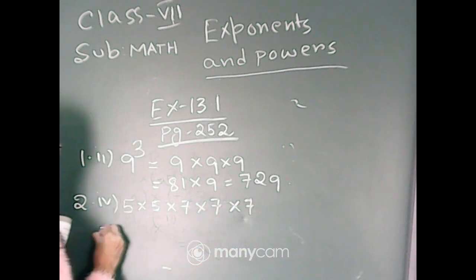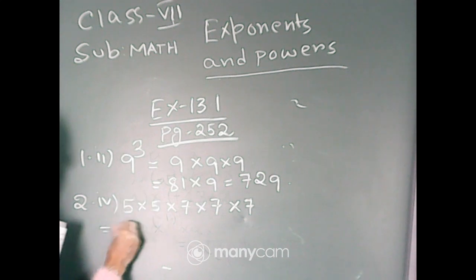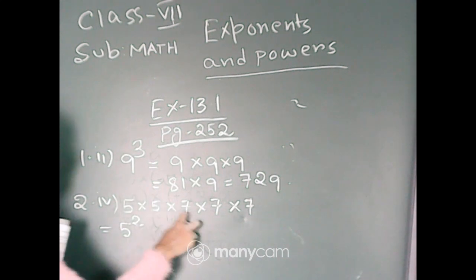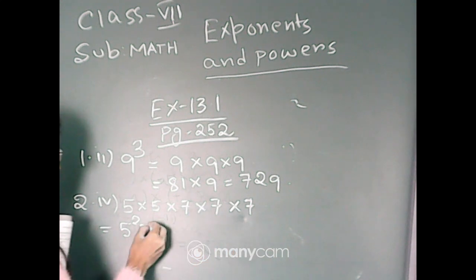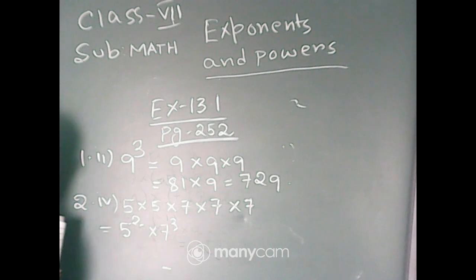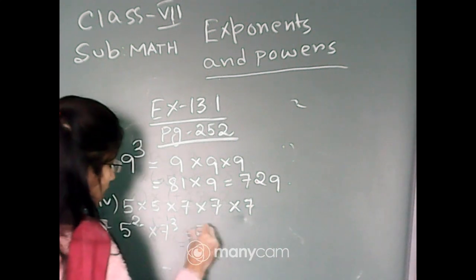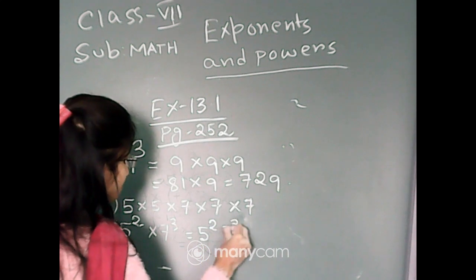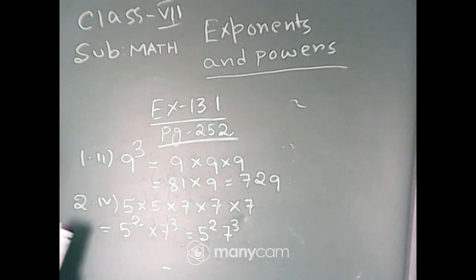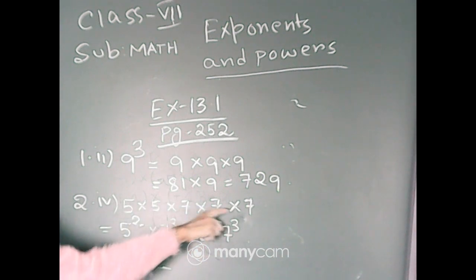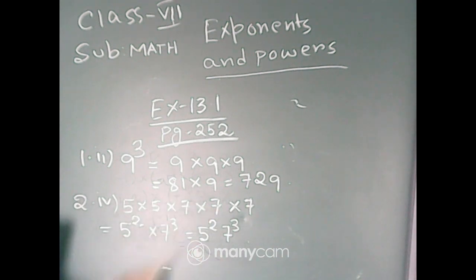Here we see that 5 is 2 times, so the power of 5 will be 2, and here 7 is 3 times, so the power of 7 will be 3, and this is equal to 5 square 7 cube. Okay, and 5 square 7 cube is the exponential form of this product.